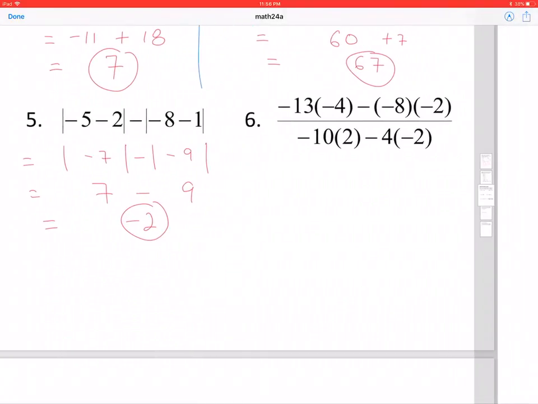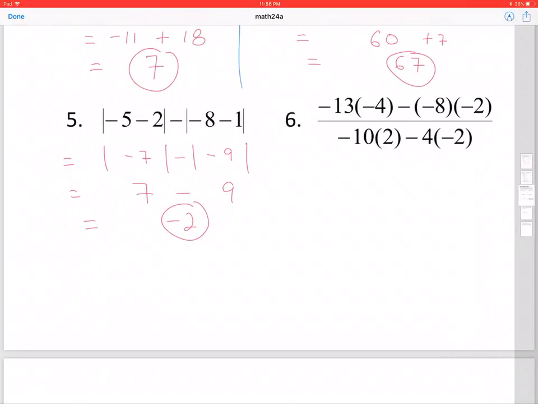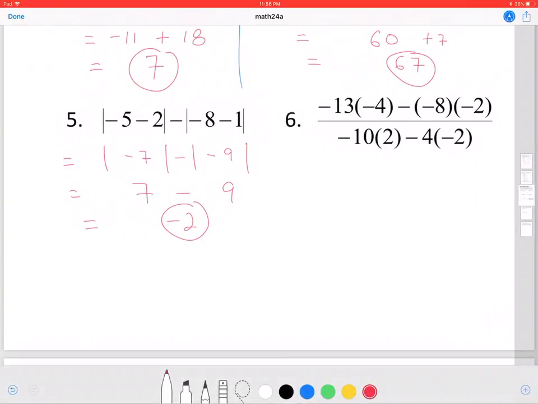Okay, number 6, I probably need a lot more space here. All right, so let me try to squeeze that in. Here I have a big fraction bar, and I'm going to do operations all at the top according to PEMDAS, and totally separate from the top, all at the bottom, again according to PEMDAS. So let's first do negative 13 times negative 4, which should give me positive 52.